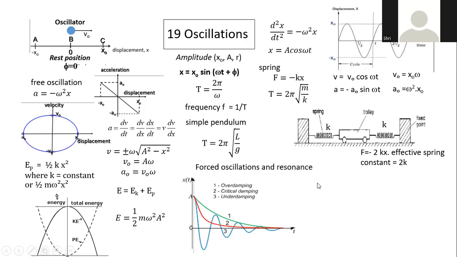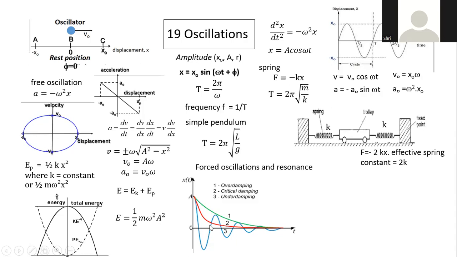And then you need to know your forced oscillation and resonance, overdamping or lightly damping. Number 1 is overdamping. And critical damping also, I think they are very poorly drawn. It should go to 0 here. Sorry about that. It should go to 0, not go to infinity like that.